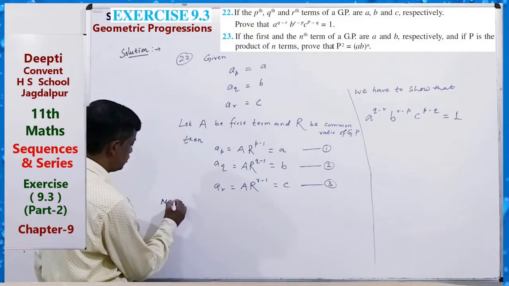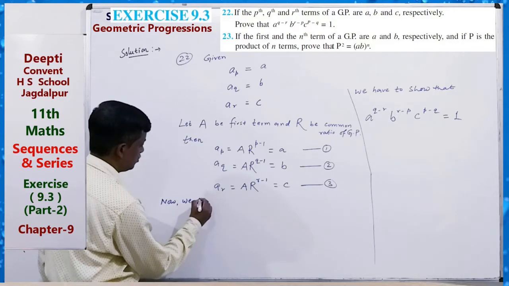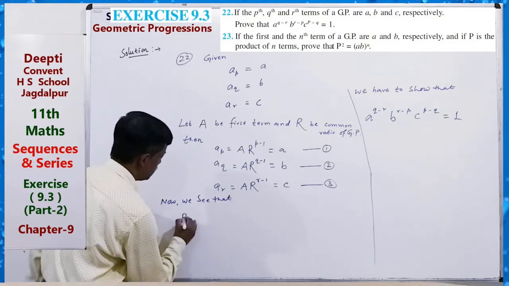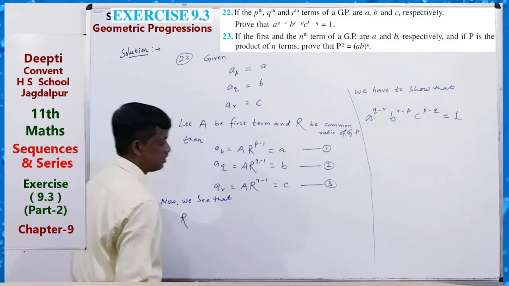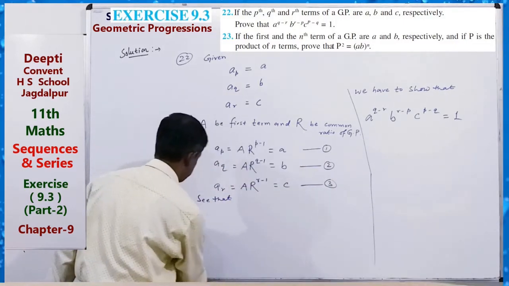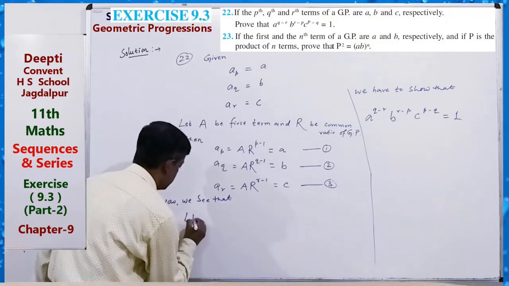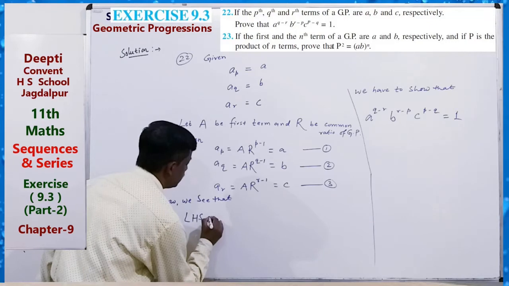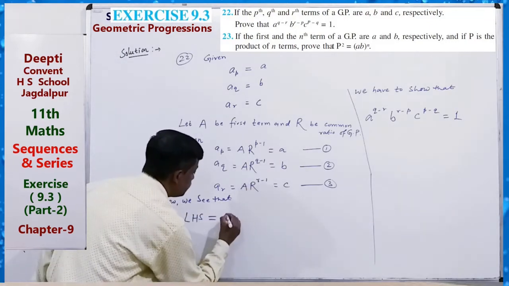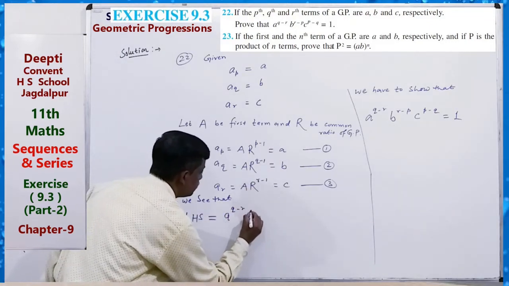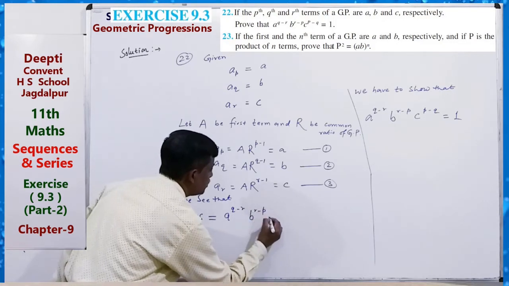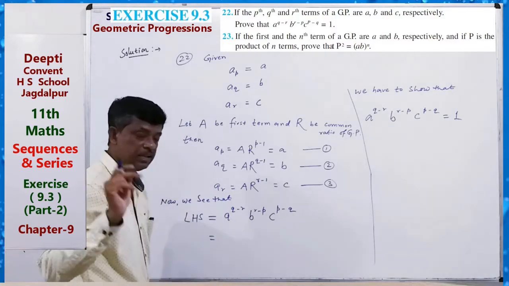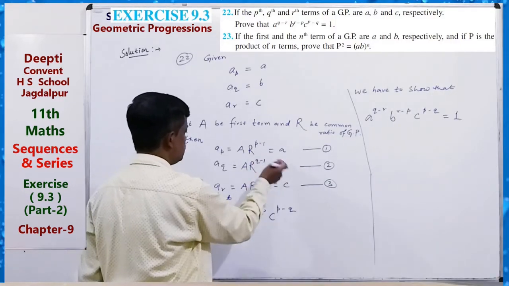Now we have to show this. You see the left hand side: a to the power (q minus r), b to the power (r minus p), c to the power (p minus q). a equals this, b equals this, c equals this.